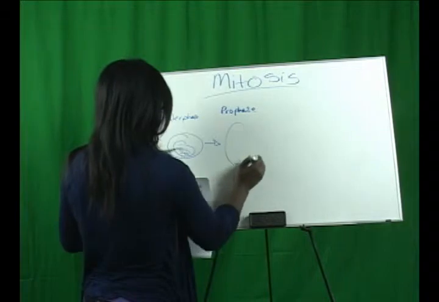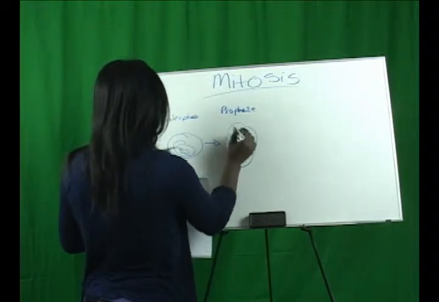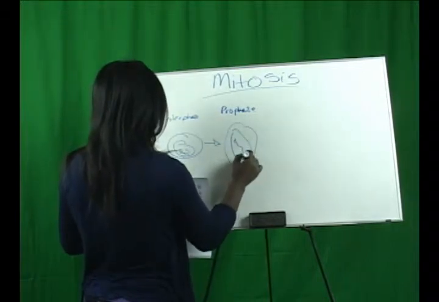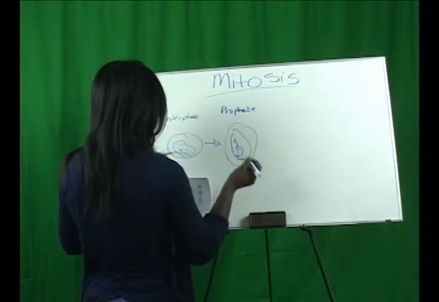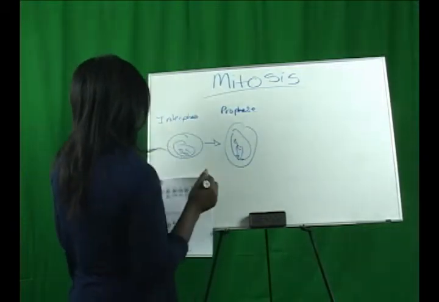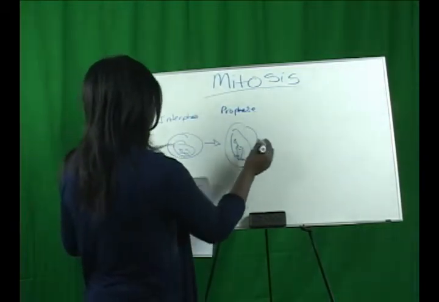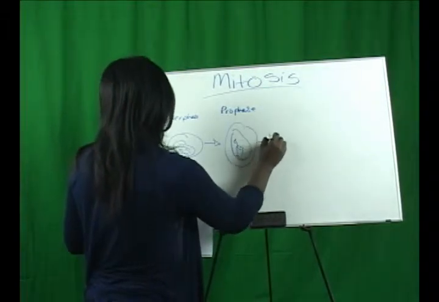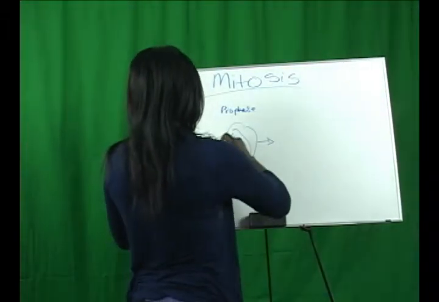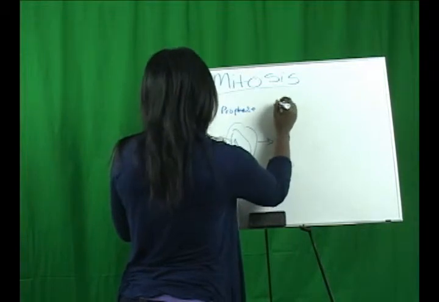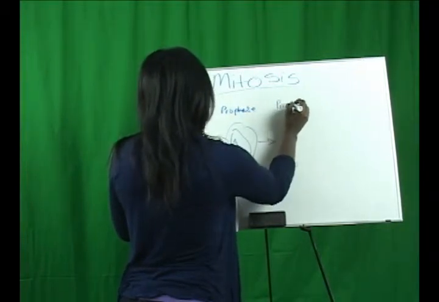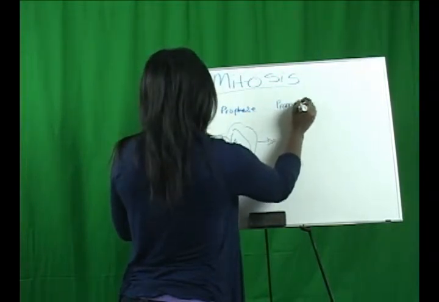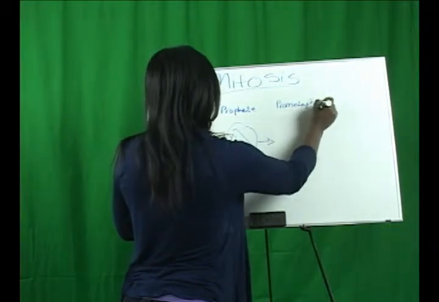And in this stage here, inside the nucleus, the chromosomes condense and become visible in the cytoplasm, and the spindle forms. And over here we have the prometaphase.